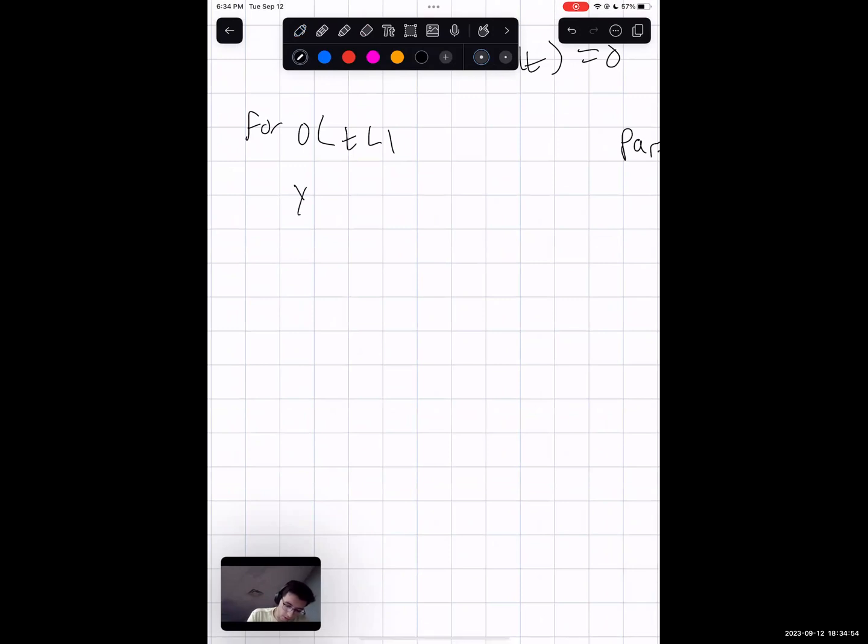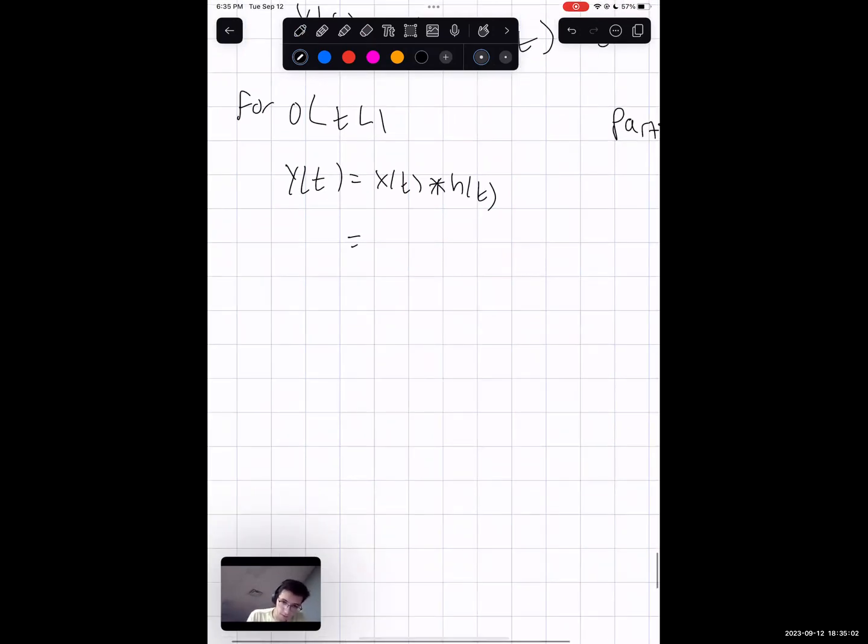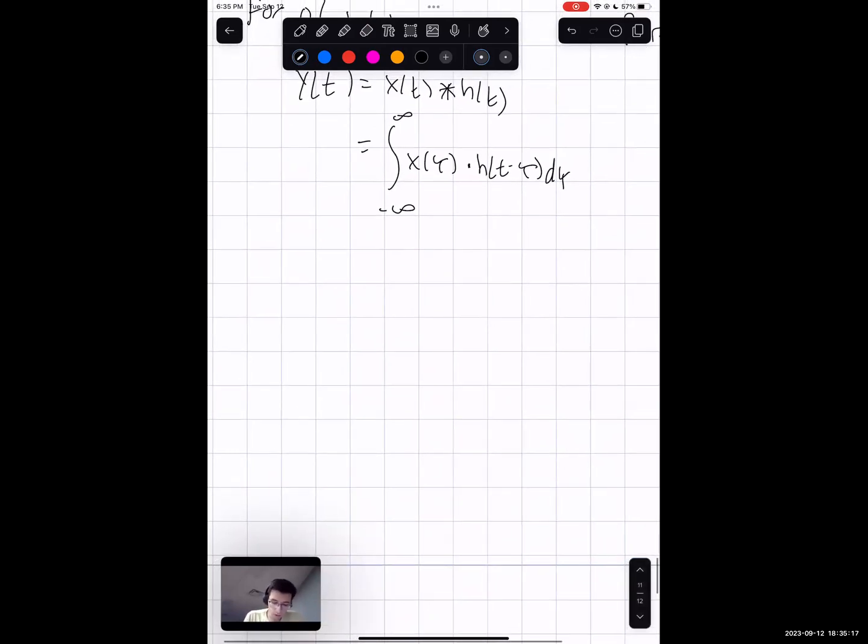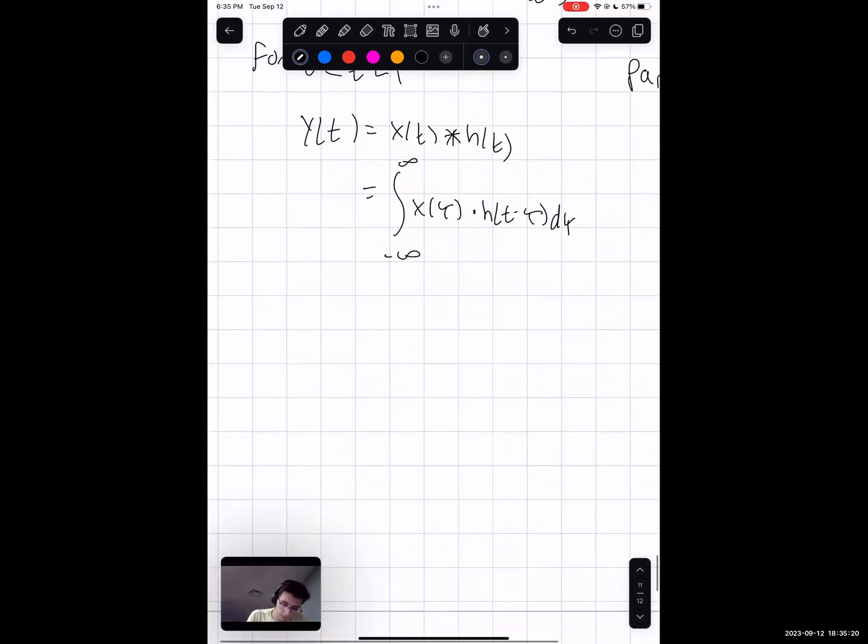Okay, so here, once again, we're going to say y of t is equal to x of t convolved with h of t. And this is going to be equal to the integral from negative infinity to infinity of x of tau times h of t minus tau d tau, right? So this is the overall formula. But based on our actual intervals, we can say this is equal to the integral from 0 to t of x of tau times h of t minus tau d tau.